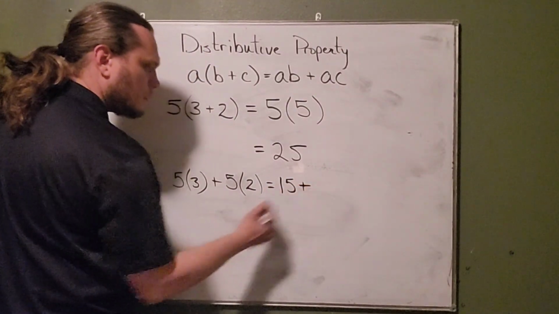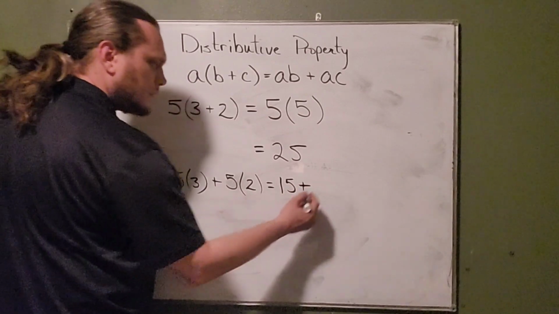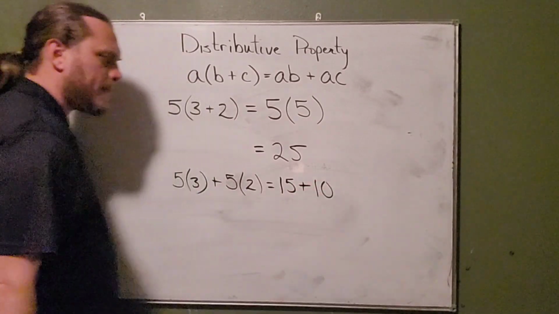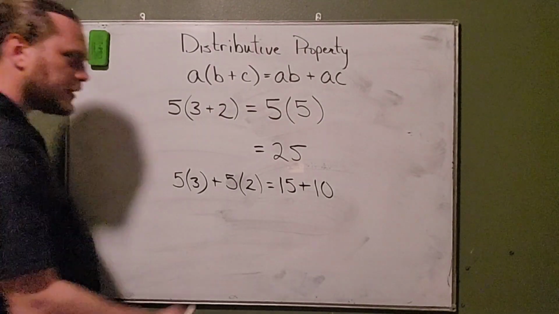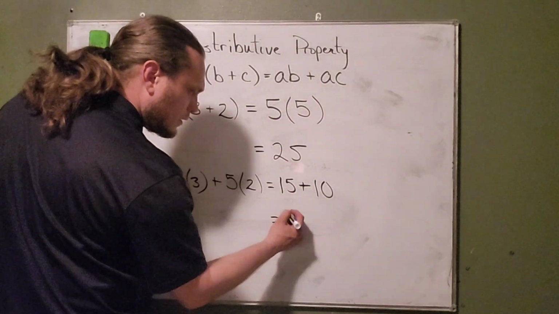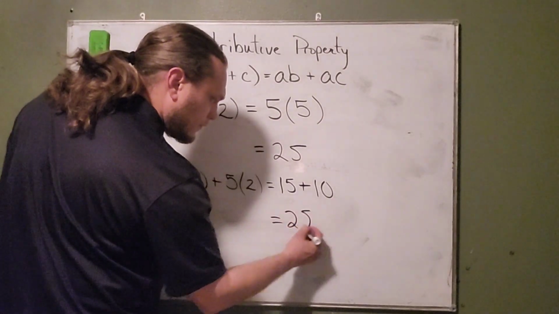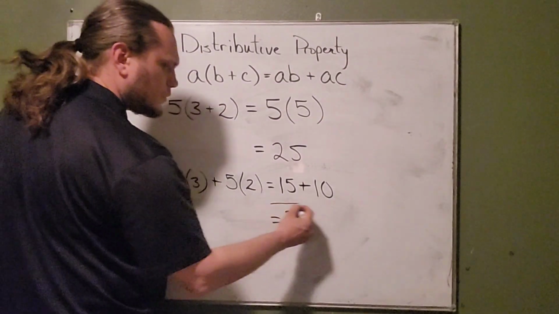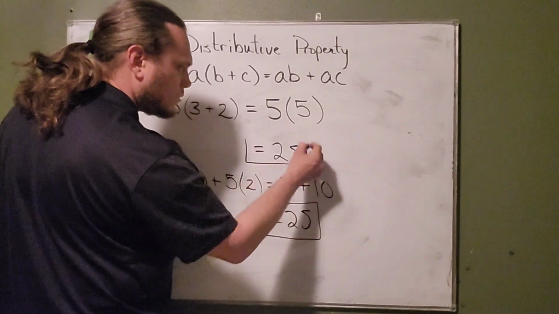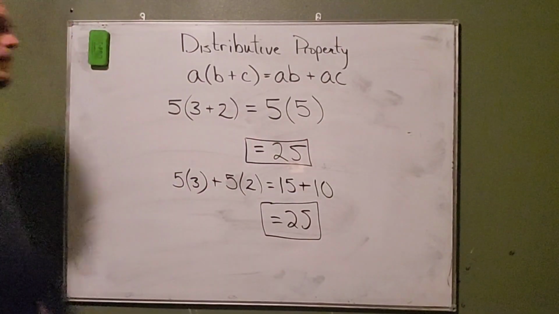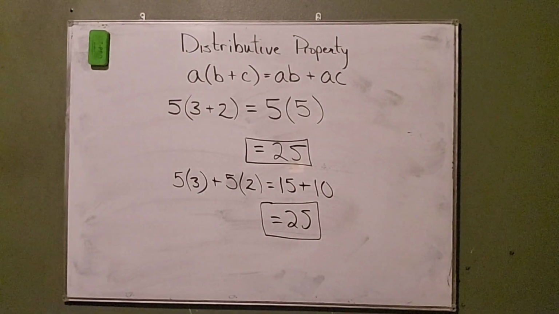Plus 5 times 2, which is 10. And 15 plus 10 is 25. Which is the answer that we were looking for. You can choose any 3 numbers, any 3 real numbers, and this property will hold.